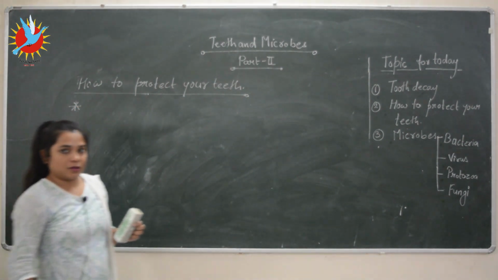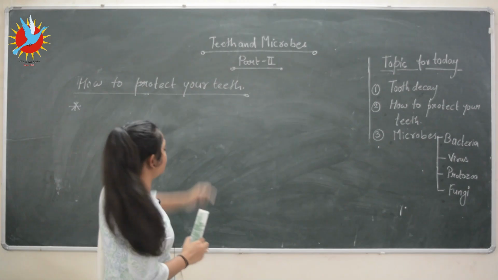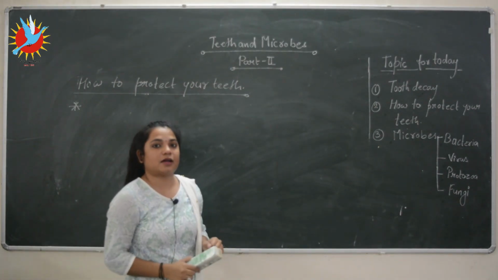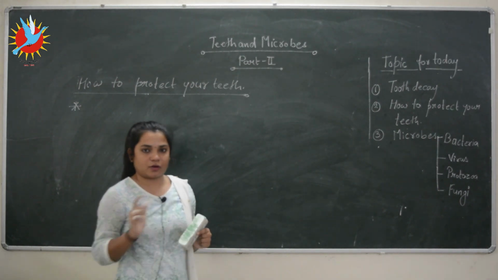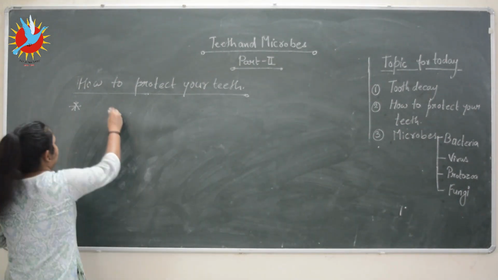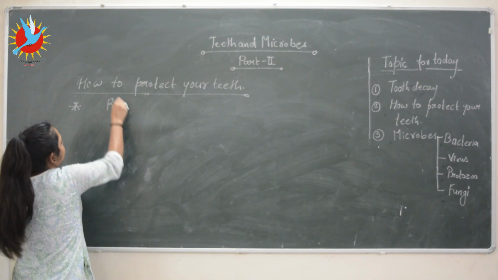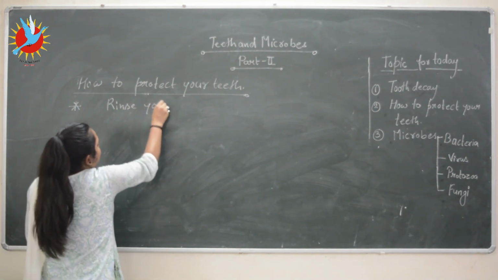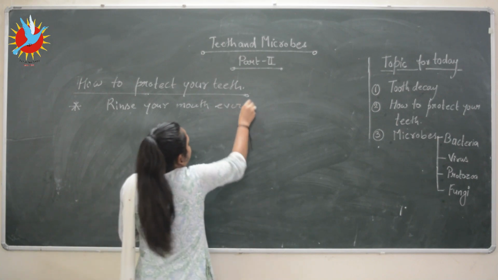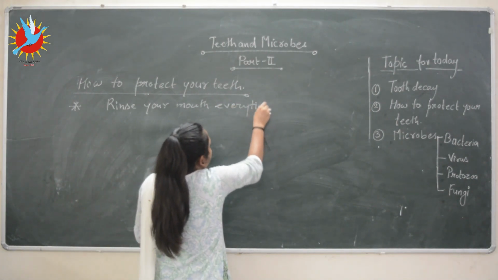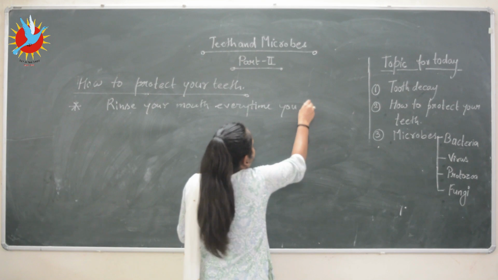Okay, so the first solution is that you have to rinse your mouth every time you eat something. So the first point is rinse your mouth every time you eat something.